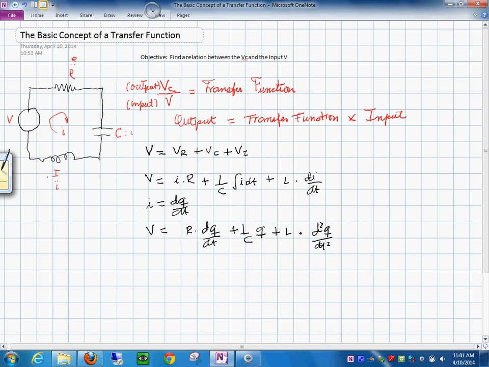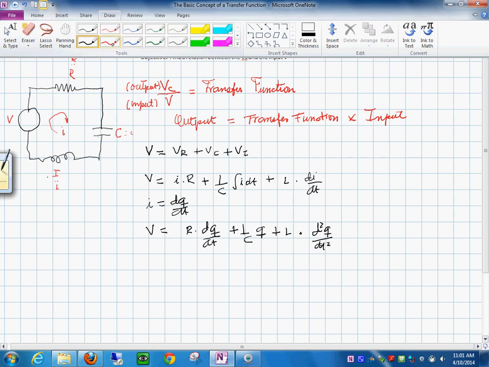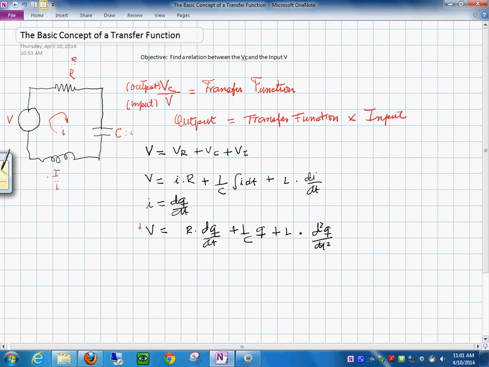So this is my actual differential equation that controls the system. Just put it here. This is my differential equation.